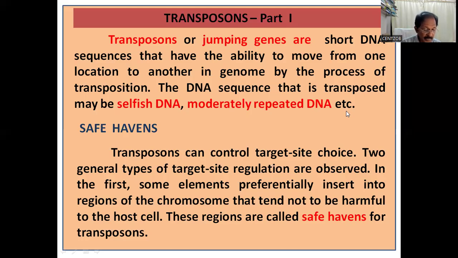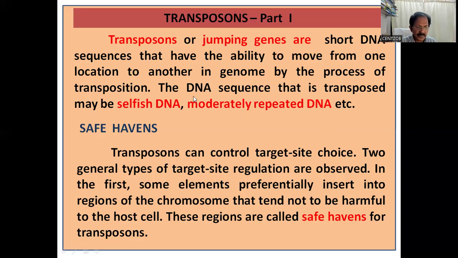The repeated sequence may be moderately repeated or highly repeated. Moderately repeated sequences include SINEs and LINEs, which are retrotransposons that we will study in a separate class. Other DNA sequences that are transposed, we will study now.